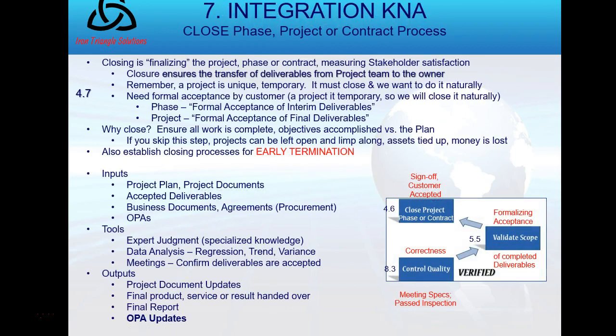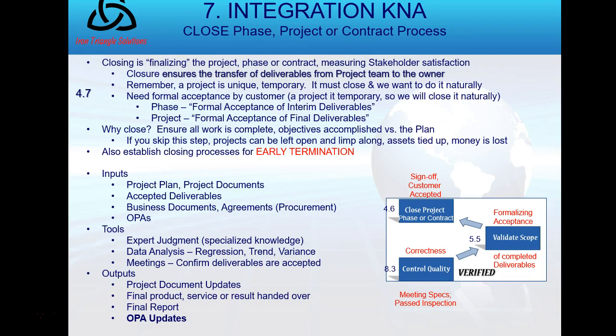So the last thing I want to do is discuss how three processes relate to each other. I will do, in 8.3, we haven't covered it yet, control quality. I'm looking for correctness to specifications. Sometimes in the military we call it specs.